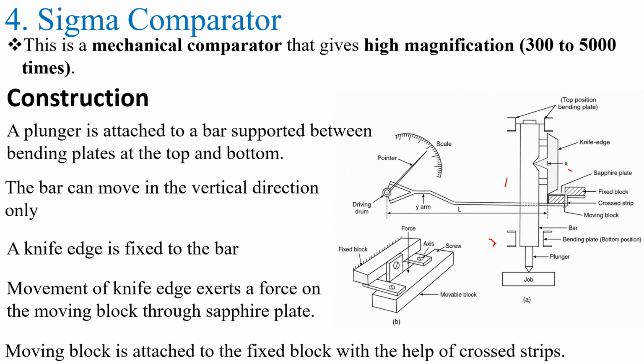The moving block is attached to the fixed block with the help of the crossed strips. So here observe, this is the movable block. Force is exerted by the knife edge, and this fixed block as well as the moving block are connected with the help of the crossed strips.